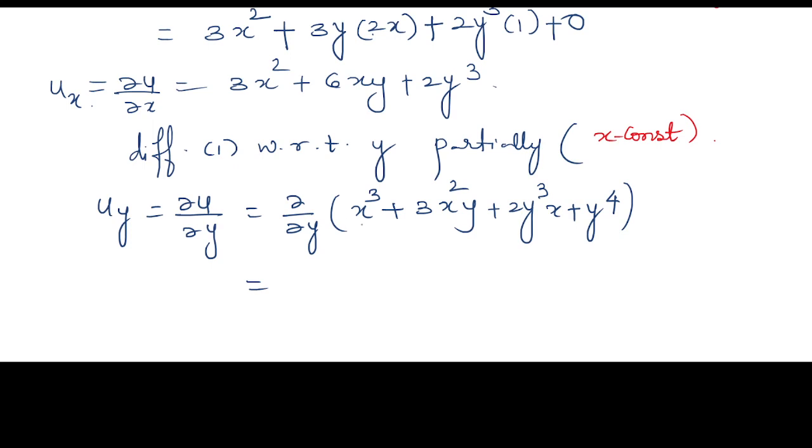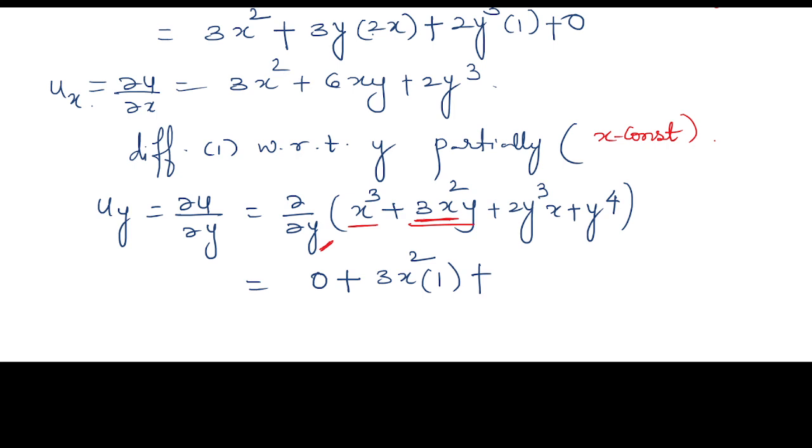Derivative of x cube with respect to y means it is totally constant, so its derivative is 0. X cube derivative with respect to y partially is 0. The next term is 3x square y; 3x square is constant with respect to y, so 3x square we will keep as it is. Now derivative of y with respect to y is 1.